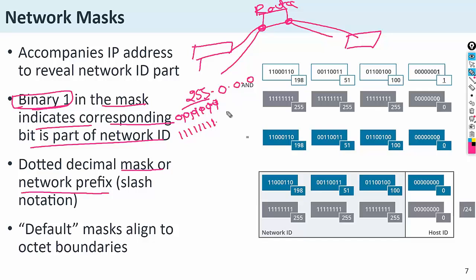Now after the dot, all is 0. So what can I do? I make the first two bits 1, 1, and the others 0.